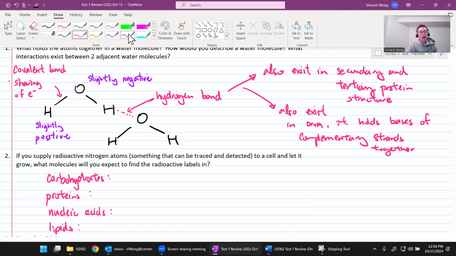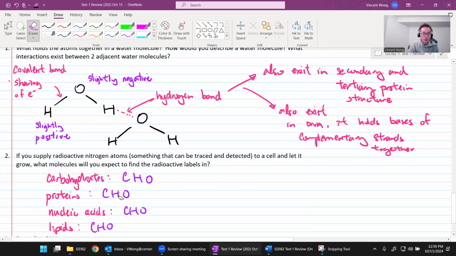Okay, so let's think about the atoms that build each of these things. Starting with carbohydrates, what are the key atoms that you will find in carbohydrates? Carbon, hydrogen, oxygen. Yes, carbon, hydrogen, and oxygen. In fact, all of them have carbon, hydrogen, and oxygen. And that's it for carbohydrates. For proteins, in addition to carbon, hydrogen, and oxygen, there is also nitrogen and a trace of what?